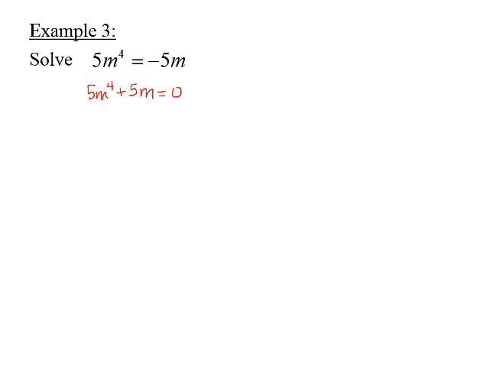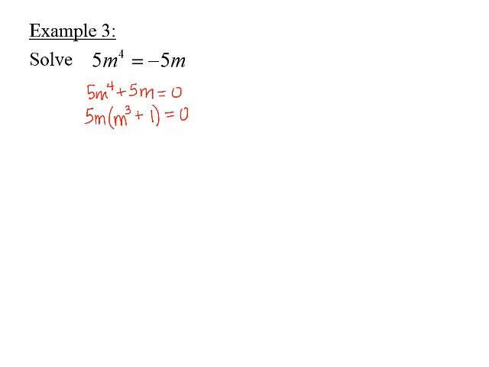This gives us 5m to the 4th plus 5m equals 0. Now we factor out a common factor. This time the common factor is 5m. Factoring out 5m leaves m cubed plus 1 equals 0.